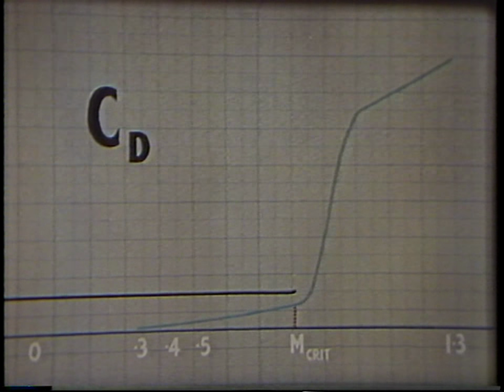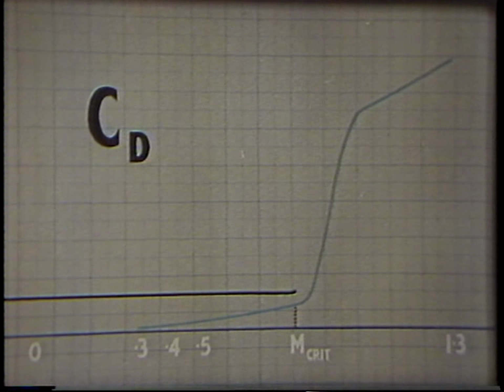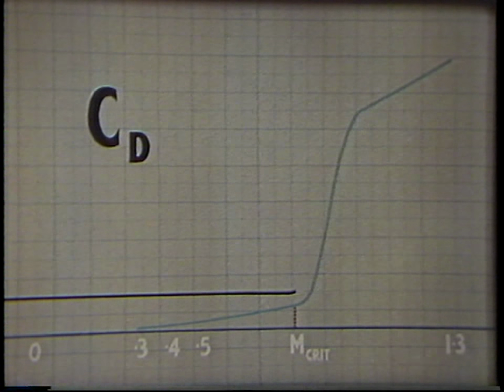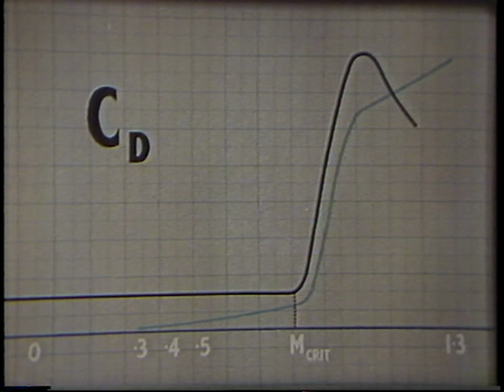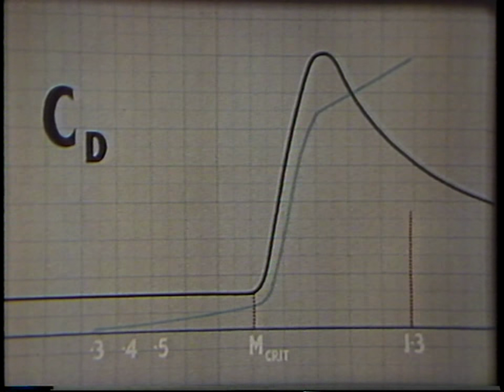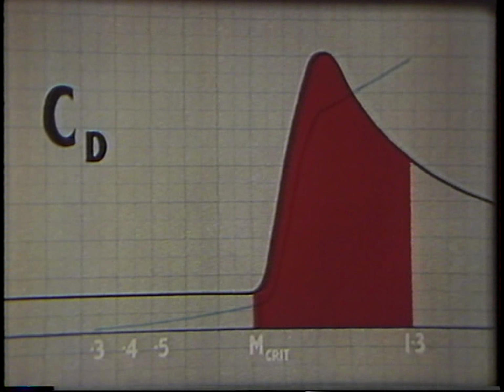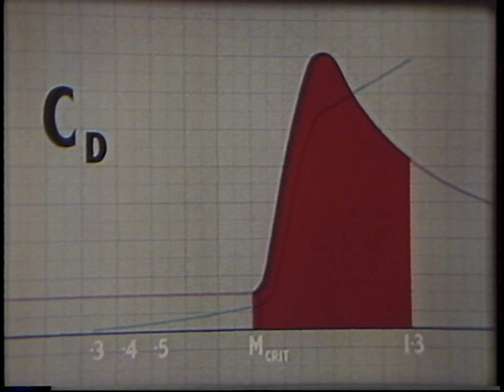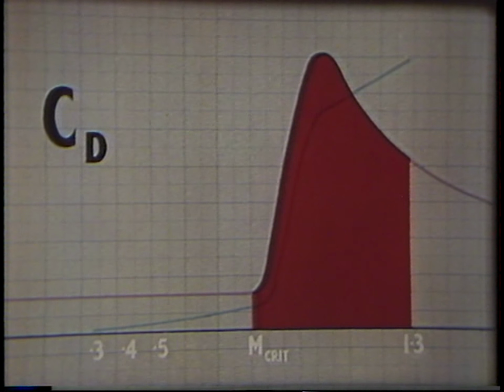At low Mach numbers, the drag coefficient at a constant angle of incidence doesn't change. But above M-crit, this happens. This is the transonic range, and the sound barrier is simply the peak in the drag coefficient somewhere around Mach 1.